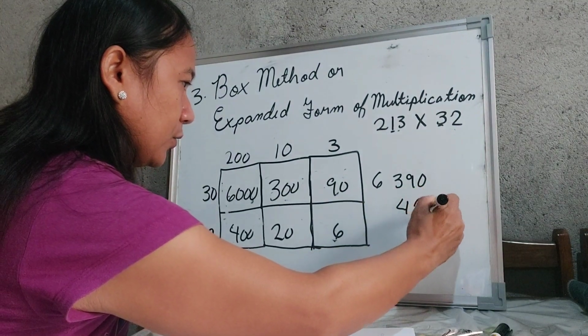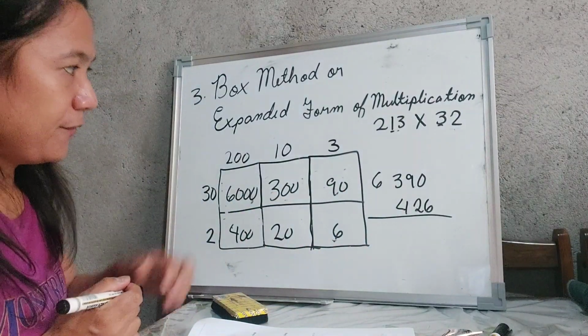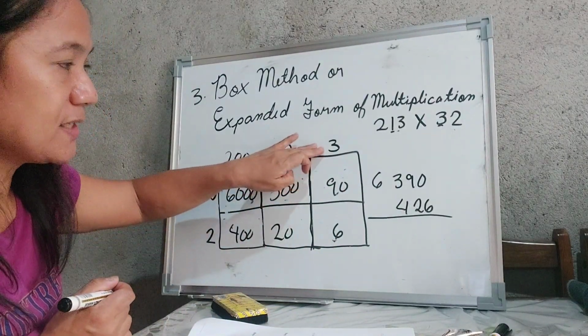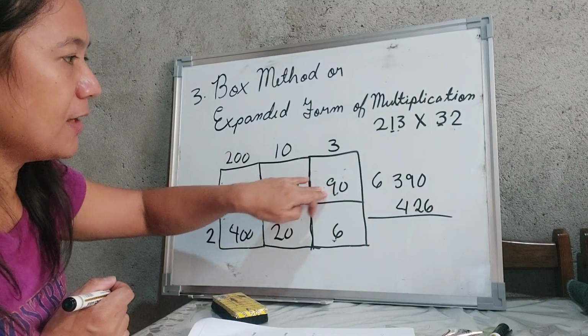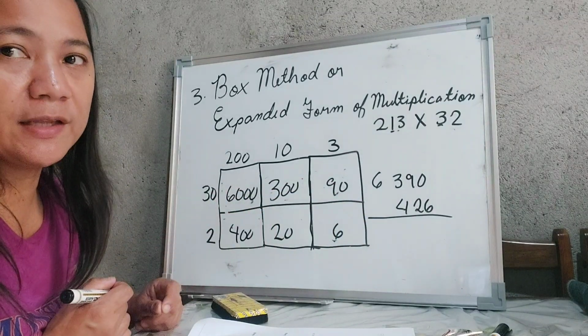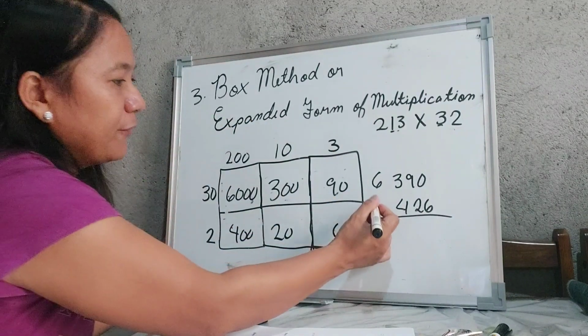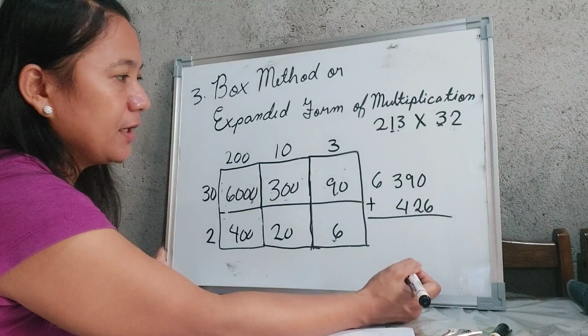If you have noticed, yung ones value natin, hindi ko tinanggal yung kanyang expanded form so that we can come up with the final product. So all we have to do now is to add the first and second partial product.